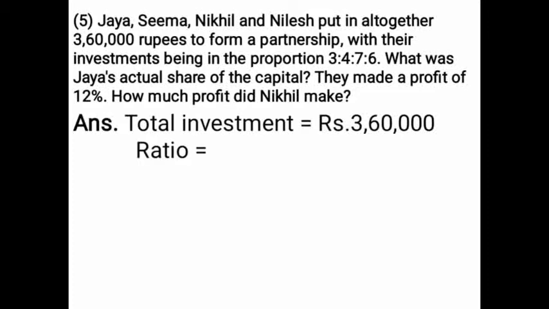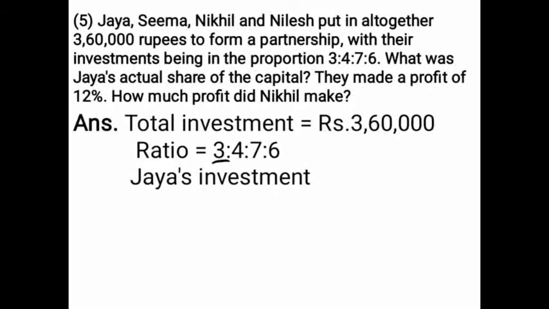Ratio is given, 3:4:7:6. The given numbers are in ratio form. So for all these four names, you have to take their investment in this given ratio. You have to take these numbers with variable x. First name is given Jaya, so Jaya's investment will be 3x.